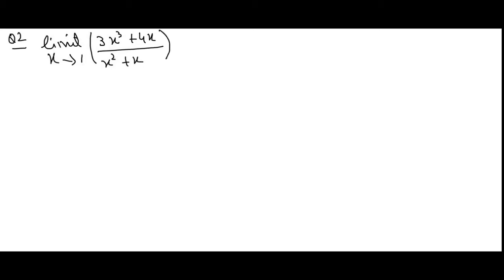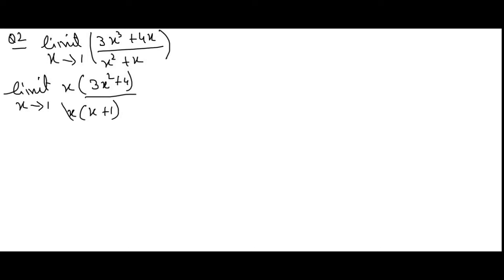Again this question represents the division rule, but we can also see that there is a variable common in the numerator as well as in the denominator, so we can take those common out first of all. So by doing this our question will be very easy. 3x square plus 4 over x plus 1. Now we can simply cancel this.